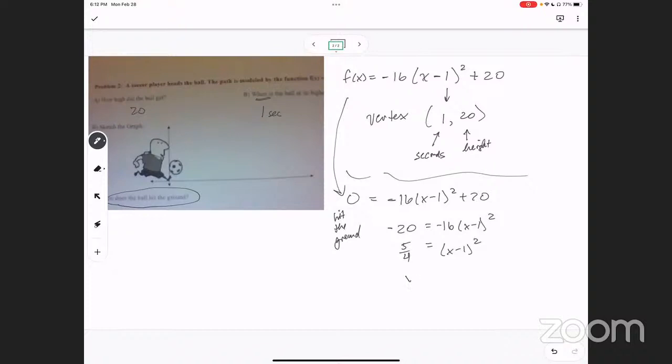You're going to get the square root of 5 over 2 equals x minus 1. So solve that. x equals 1 plus or minus the square root of 5 over 2. Remember, there's 2 points you're going to get, right? Yeah. It's a parabola opening downward like this. So your height was 20 at 1 second.